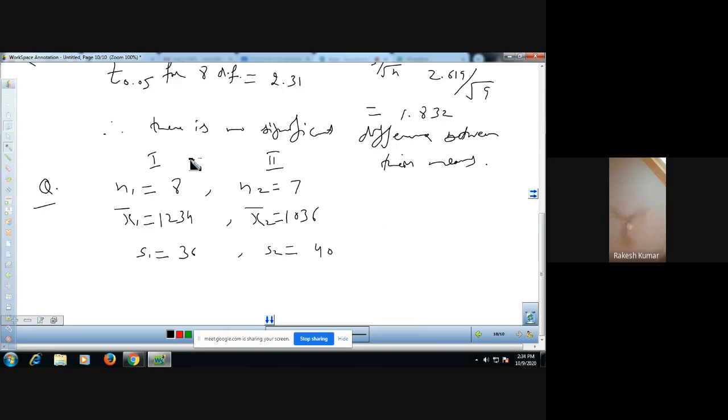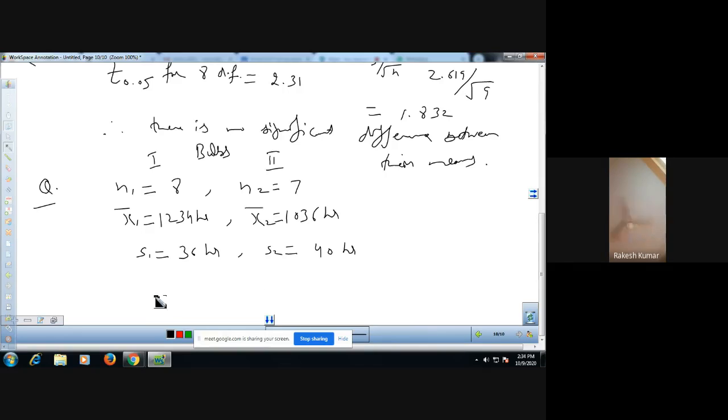This is actually a sample of bulbs, and this is the average life of a bulb: 1234 hours and 1036 hours. Standard deviations are 36 hours and 40 hours.